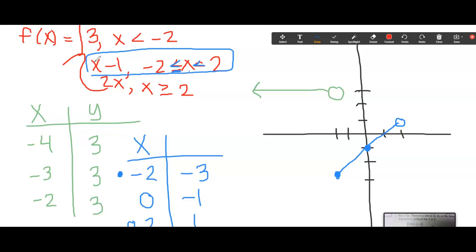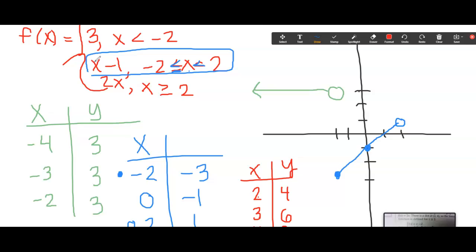The final piece is x values greater than or equal to 2. So that would be like 2, 3, and 4. So we're going to plug those points into the equation 2x. So 2 times 2 is 4. 3 times 2 is 6. 4 times 2 is 8.